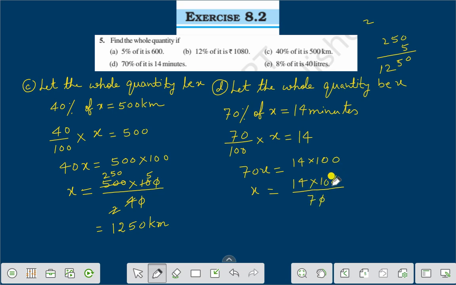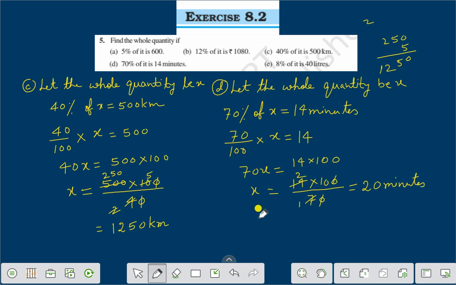This 0 will cut. 7 ones are 7, 7 twos are 14. Or the value of x is equal to 20. Therefore, the value of x is 20 minutes.